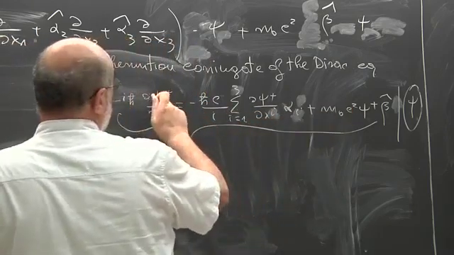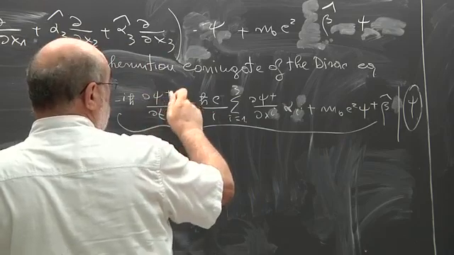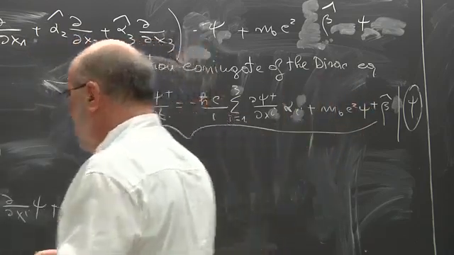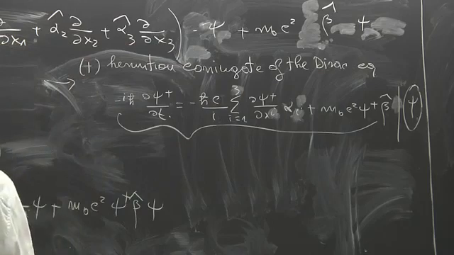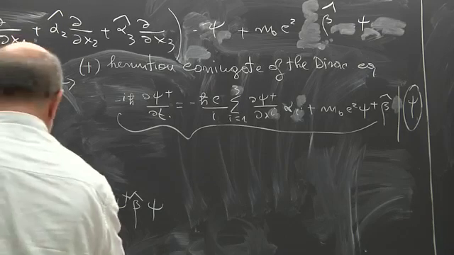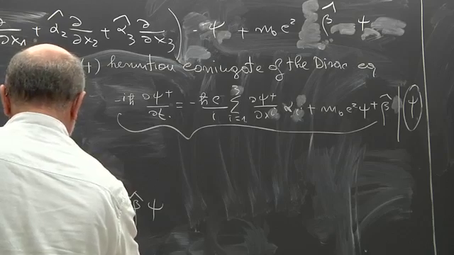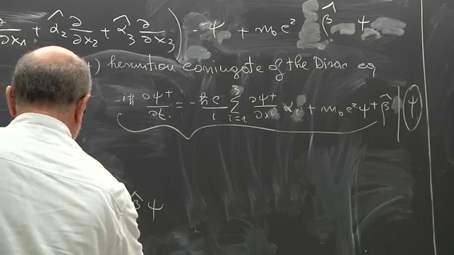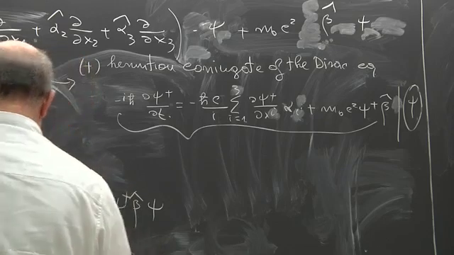So here I get the derivative with respect to t of psi dagger times psi multiplied by this. So I get d psi dagger dx psi alpha i psi plus m0 c squared psi dagger beta psi.